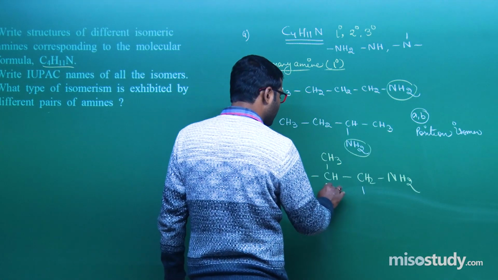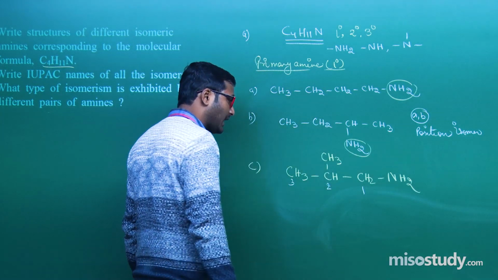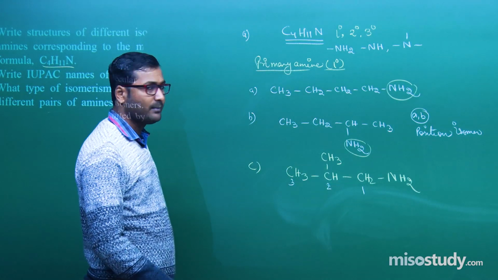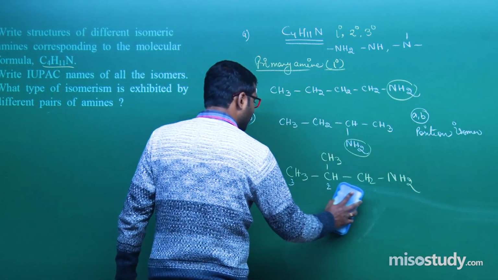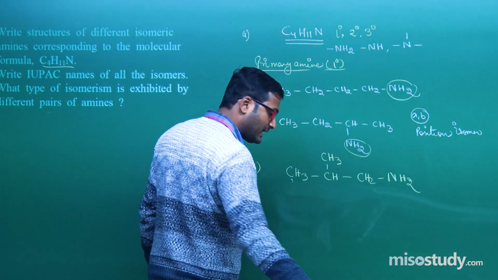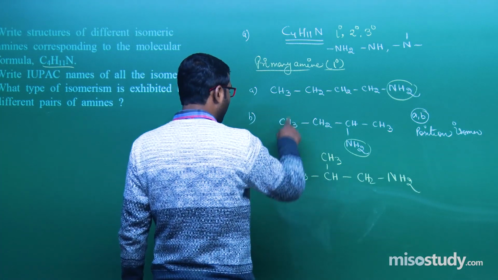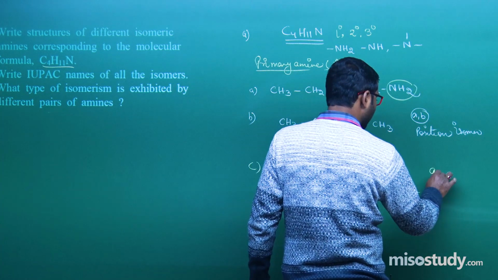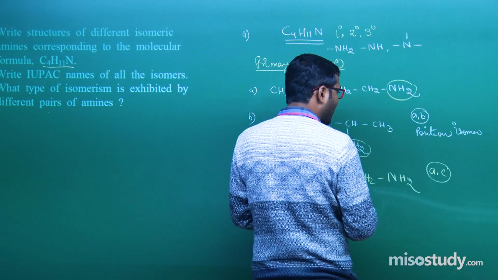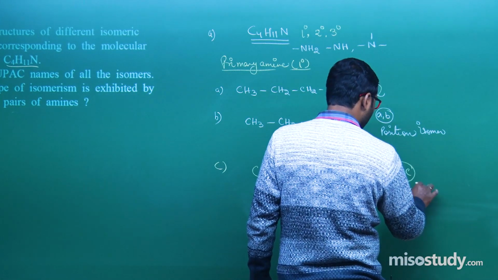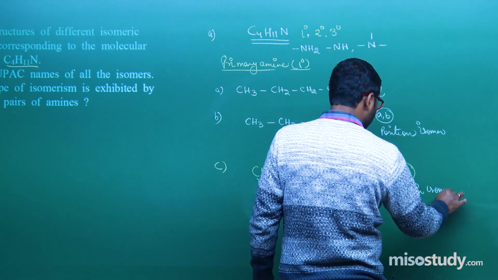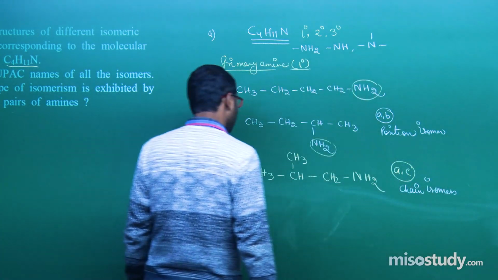That is 2-methyl propanamine, propane-1-amine. Now look at this, there is a change in the length of the chain. So A and C are chain isomers to each other. Yes sir, definitely chain isomers to each other.